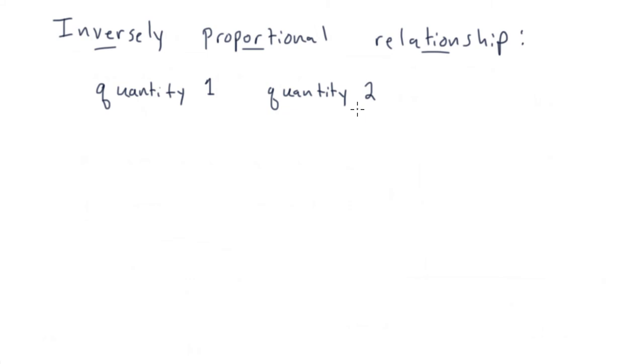Okay, and so how do we describe the relationship between quantity 1 and quantity 2? Well, here's how we do it. So let's again say that x is the variable amount of quantity 1, and then y is the amount of quantity 2.